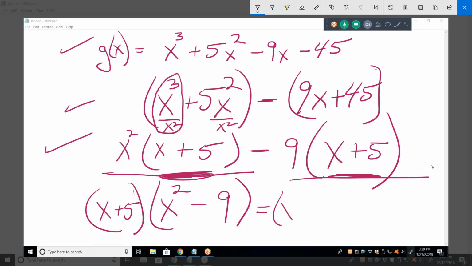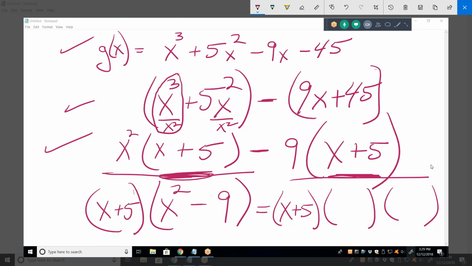Notice that x squared minus 9 is the difference of perfect squares. How does it factor? This is why factoring is so important, is that all higher math depends on the ability to factor. How do you factor difference of perfect squares?